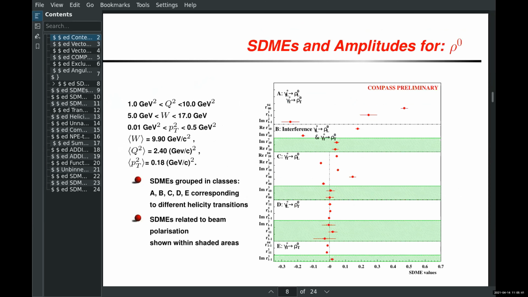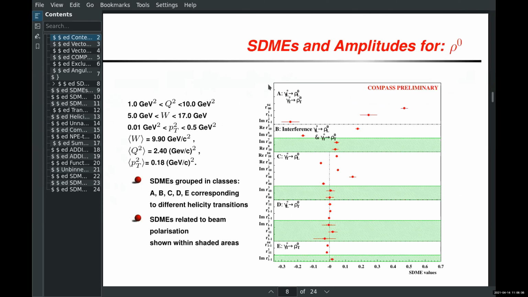This is our first result, for the entire region. We put our SDMEs in order, grouped in the classes A, B, C, D, and E, which correspond to different helicity transitions.